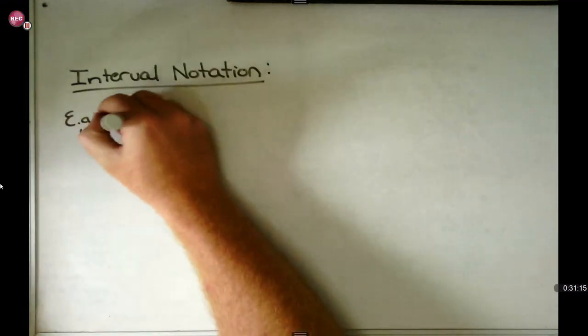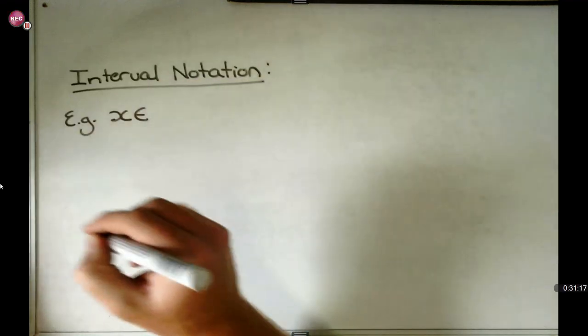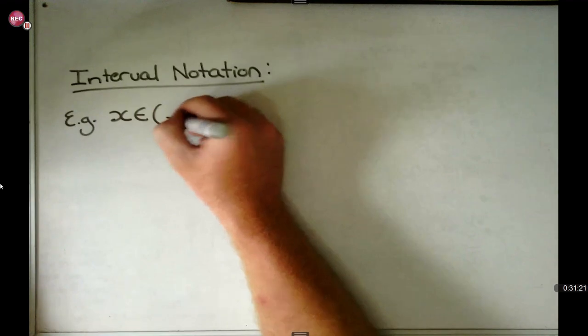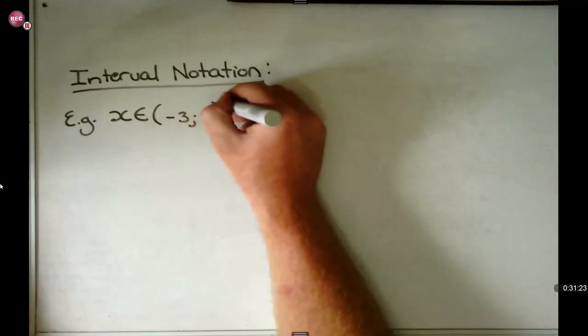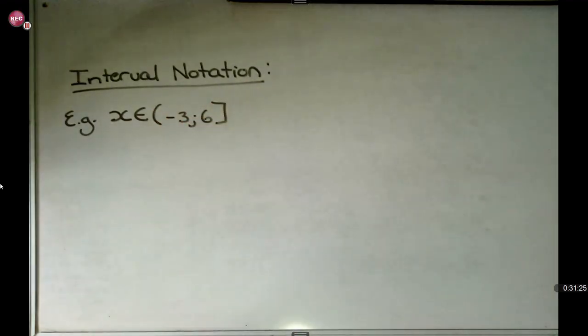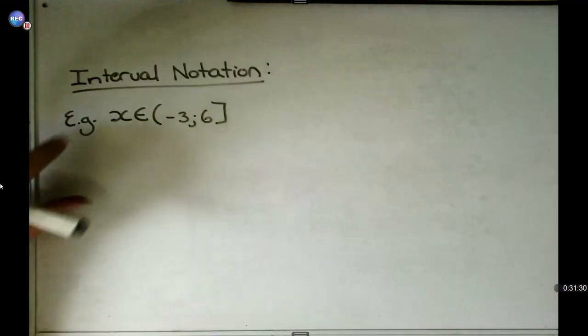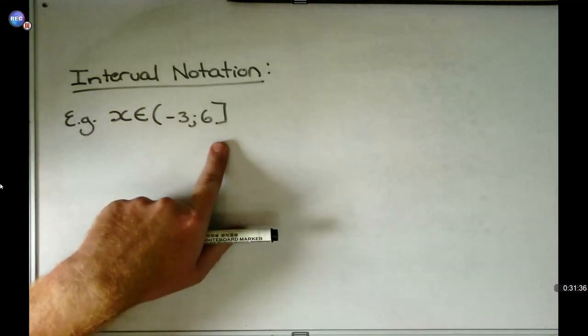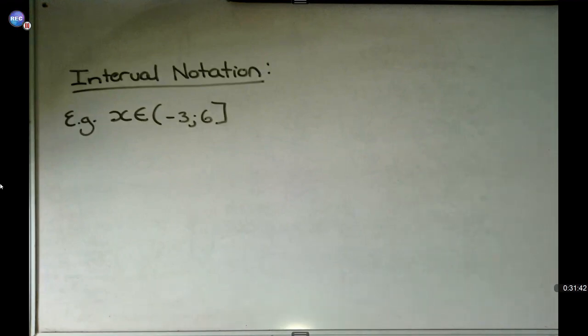So here's an example of how they will give you the interval notation. I'm going to do a curved bracket, -3, 6, and then I'm going to do a block bracket. Remember, please, curved brackets are open dots, they're not included. Block brackets are closed dots, which means that the number is included.